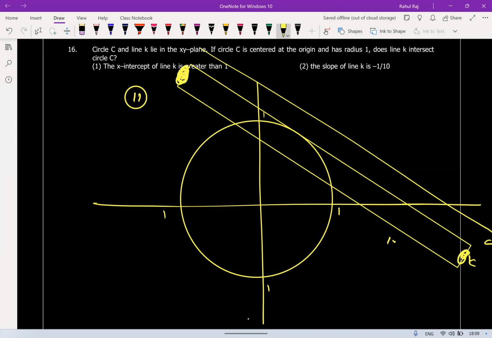Because parallel lines have the same slope. This is a line whose slope is negative 1 by 10. If the x-intercept is greater than 1, it does not intersect the circle. This is a line K whose x-intercept is greater than 1 and it intersects the circle, and the slope is negative 1 by 10.